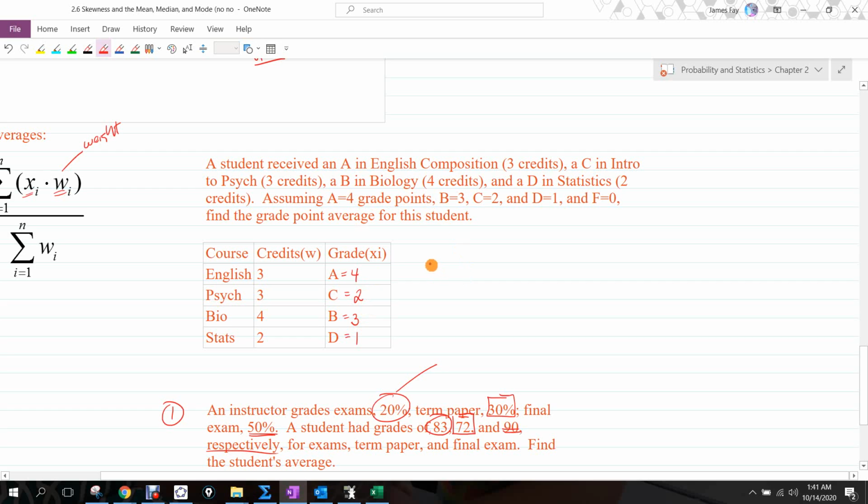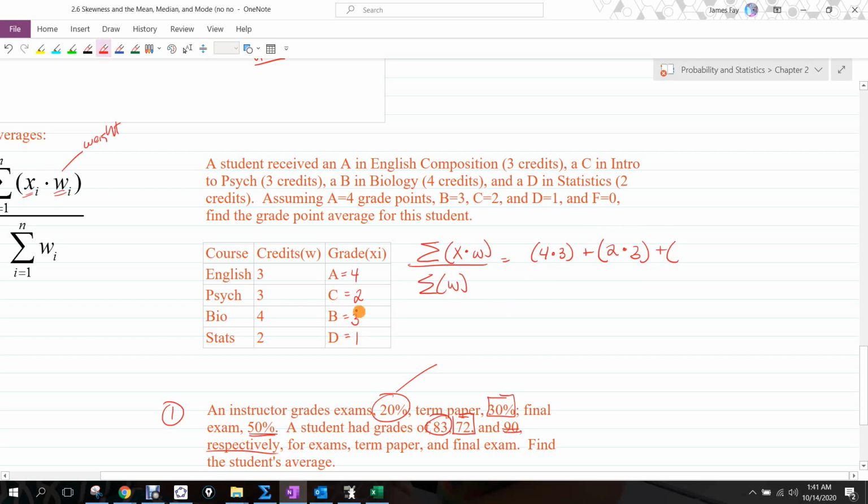When I want to find the weighted average here, the GPA, I'm going to take the sum of my x values times their weights, and divide that by the sum of the weights. I'll take the 4 for my A and multiply it by my weight of 3 credits. Then I'll add the 2 that I got for my C, multiplied by my weight of 3.